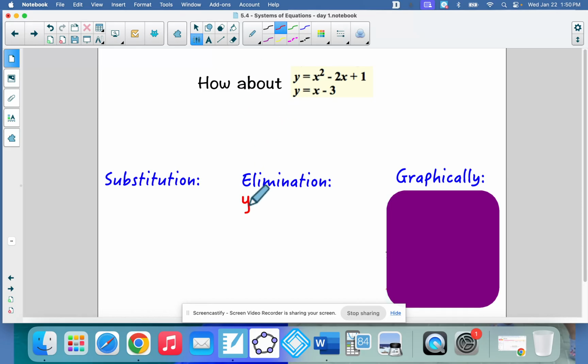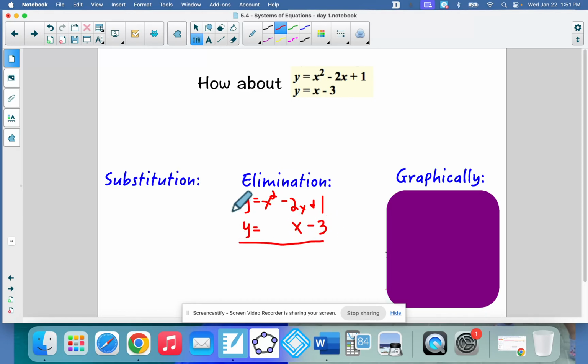I'm going to say y equals x squared minus 2x plus 1, and then y equals x minus 3.